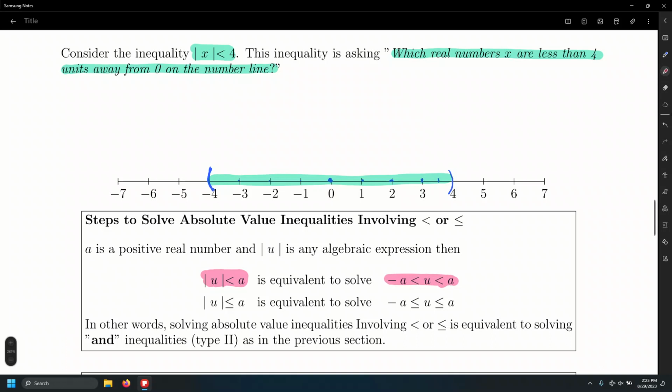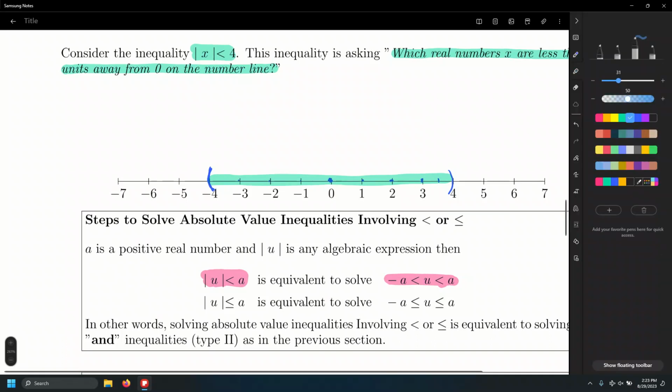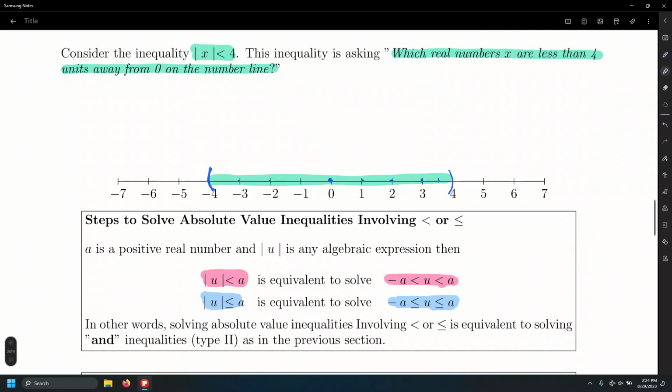Including the less than or equal changes the inequality symbols accordingly. To connect these ideas, solving this type of absolute value inequality is equivalent to solving inequalities of type 2 from the previous review section.